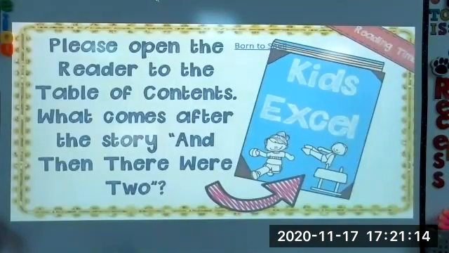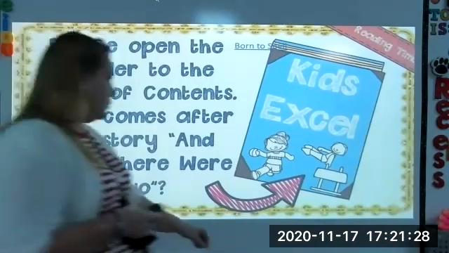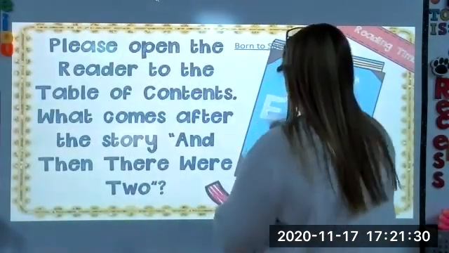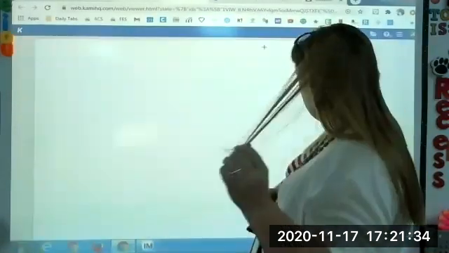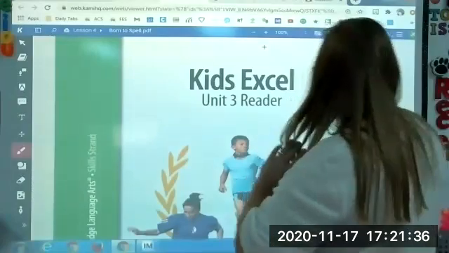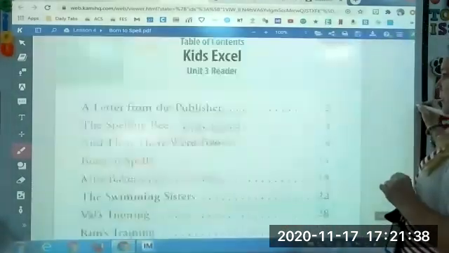All right, so today we're going to open the reader to the table of contents. Wiggle back down to your seats, guys. We are going to look to see what comes after the story, And Then There Were 2. So let's look at that story. Born to Spell. Here's our cover page.